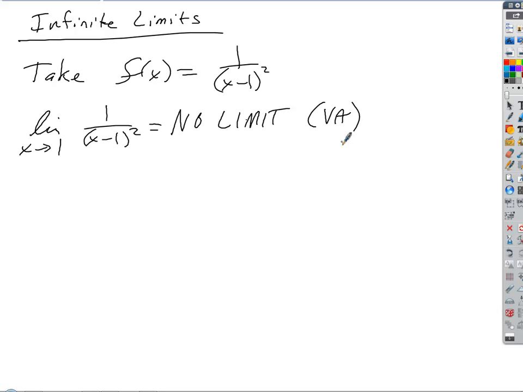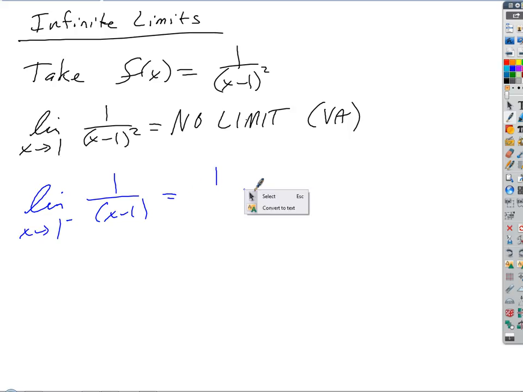Let's say something like, what's the limit of 1 over x minus 1 as x approaches 1 from the left? Now, what's that going to give us? You might say it gives us 1 over 0, but we can do better than that.